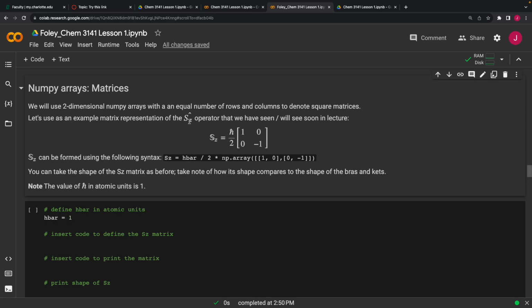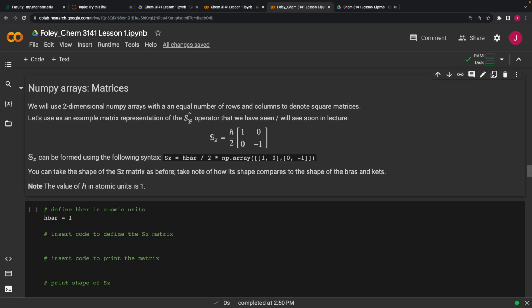That's just an intrinsic property of the operator. What we can always do with operators in quantum mechanics is find a matrix representation of them. To get a matrix representation of our operator, we have to choose a basis.